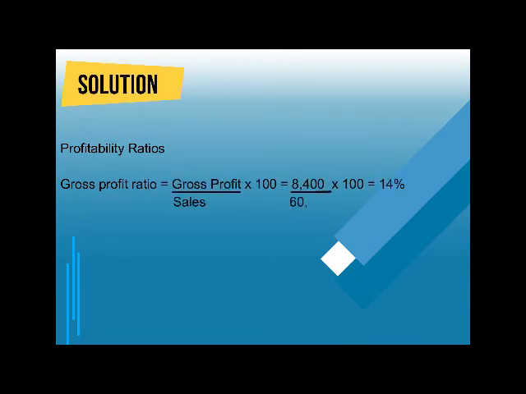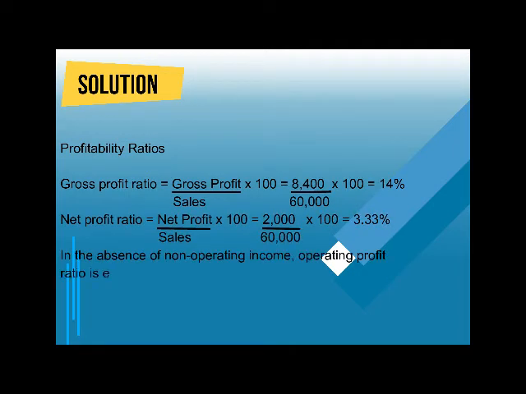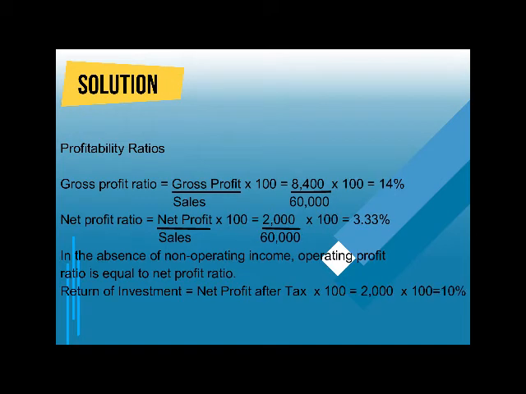Profitability ratios. Gross profit ratio equals gross profit divided by sales times 100, equals 8,400 divided by 60,000 times 100, equals 14%. Net profit ratio equals net profit divided by sales times 100, equals 2,000 divided by 60,000 times 100, equals 3.33%.